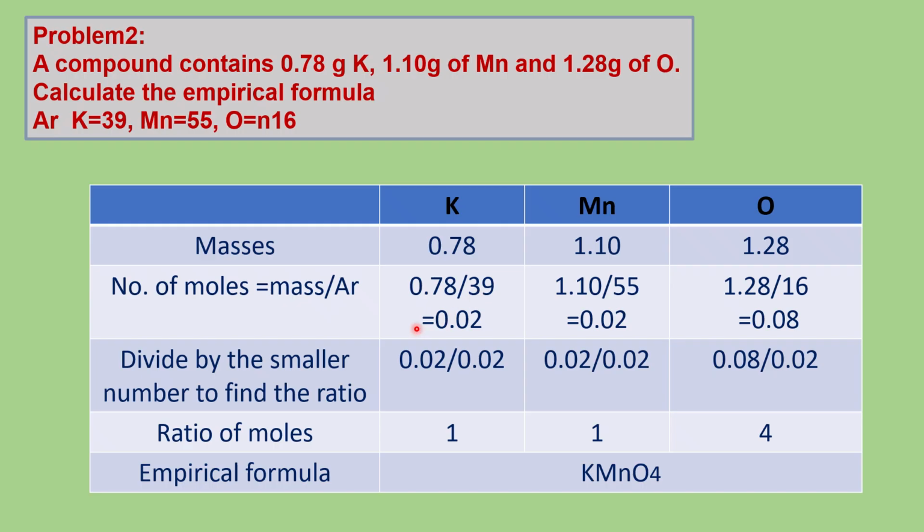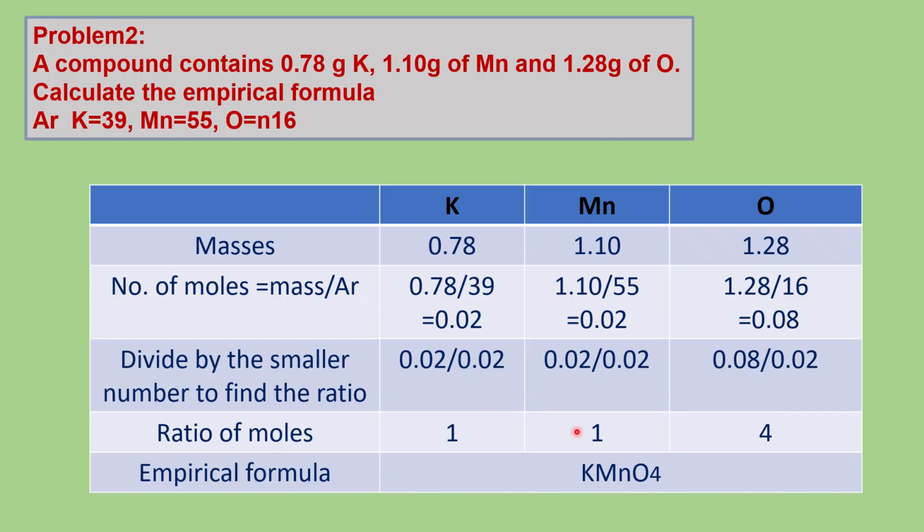The number of moles of potassium is 0.02, and for manganese also 0.02, and for oxygen it is 0.08. So now you divide by the smallest number, which is 0.02. When you divide potassium by the smallest number, the ratio is 1.